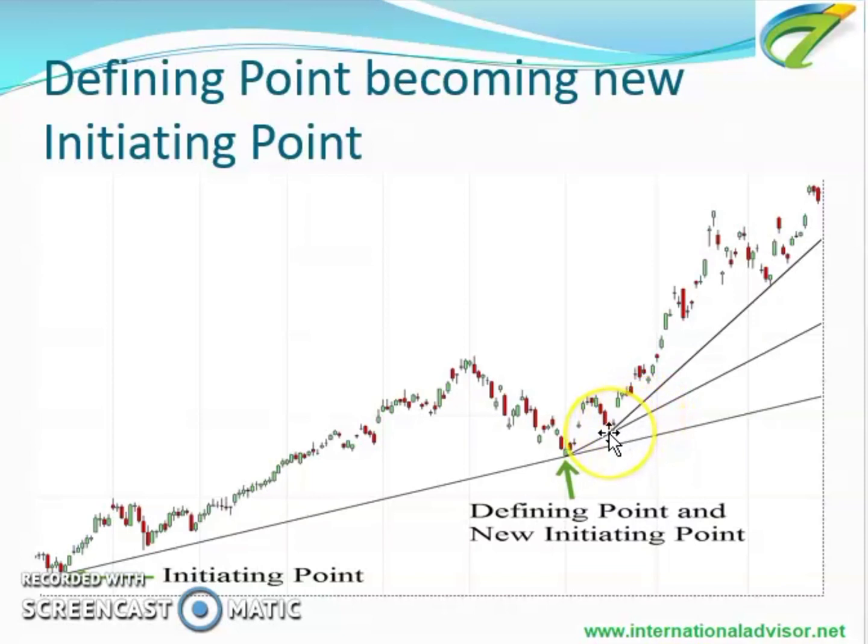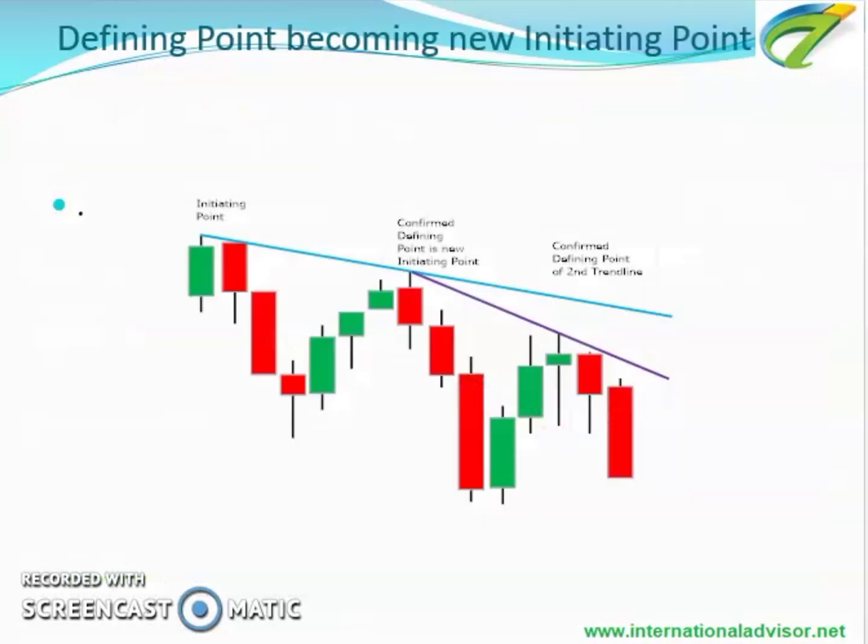So now if we have to further draw the line, this defining point of this shorter trend line will become the initiating point, and then we will redraw another line like this, touching this. So for this line, this is the initiating point and this is the defining point, and so on.